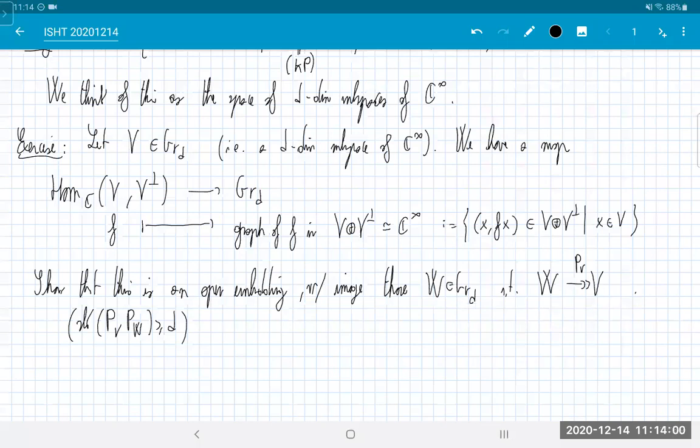You just need to show that it's a homeomorphism with this subset here. And that's going to be useful. That's called the standard charts in the Grassmannian. And I'll let you do the exercise of finding the inverse of this map. It's less hard than you would think.